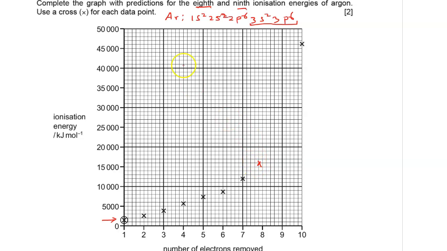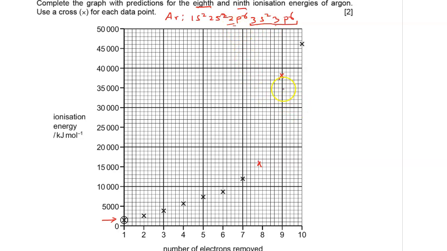There. Then the 9th electron will be removed from a 2p orbital. So there will be a big energy jump for that electron to be removed right there. And I will place it somewhere here for that to happen. So that's how you indicate an energy jump from shell 3 to shell 2.